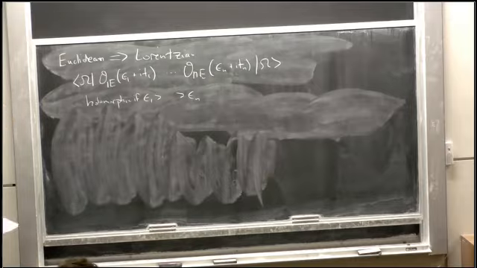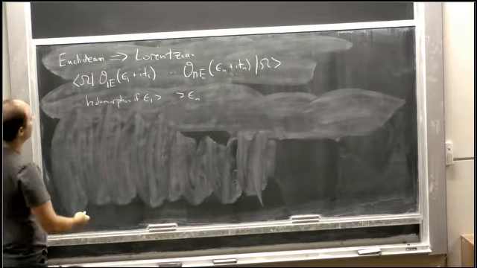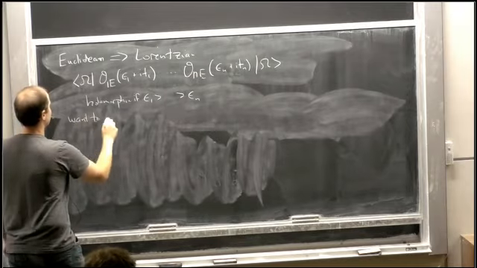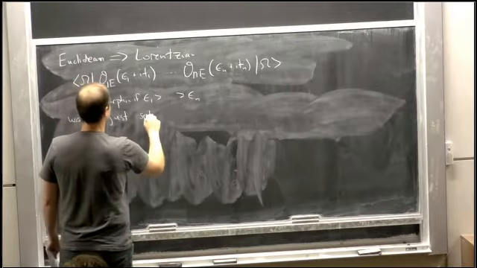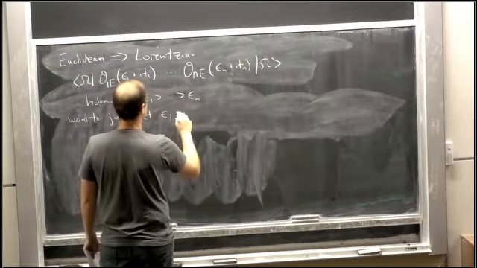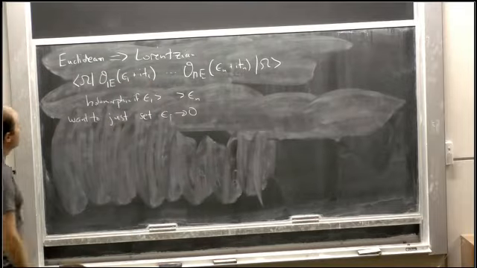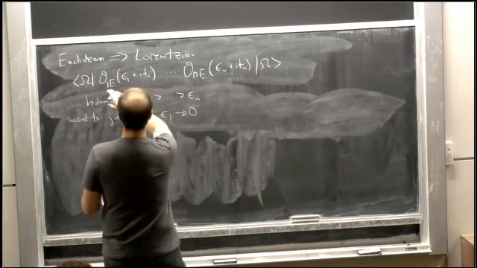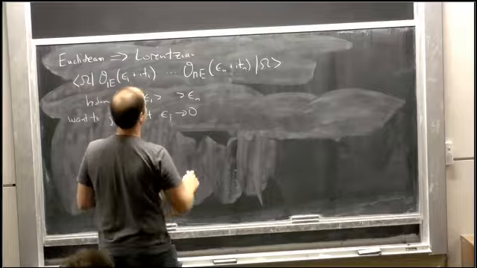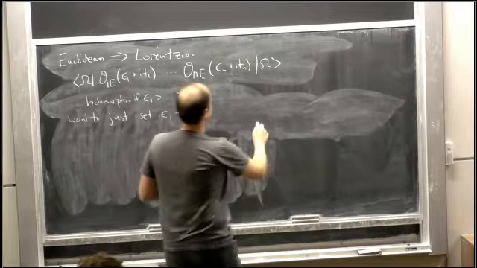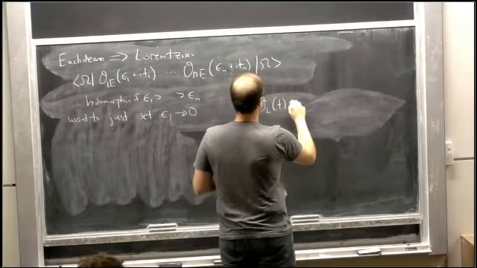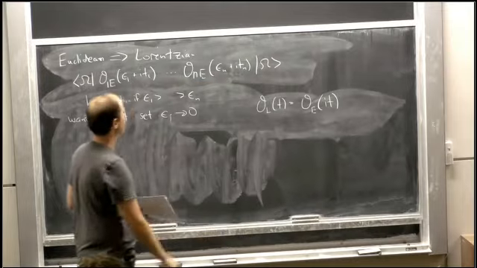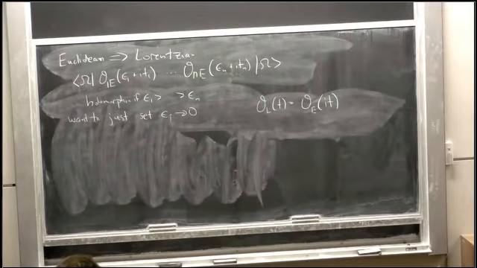Now, the way to get a Wightman function from this is to just set all the epsilon i's to 0. Remember that from the definition of the Euclidean Heisenberg picture operators and Lorentzian Heisenberg picture operators, we had that a Lorentzian operator at t was equal to a Euclidean operator at i times t. So if we can just set the epsilons to 0, then we'll get a Wightman function.